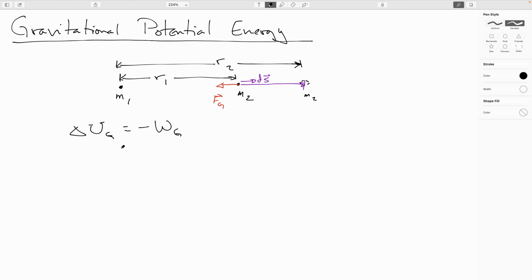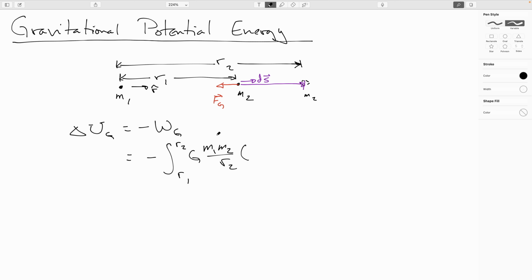So that work will be the integral from r1 to r2 of the force. Now here we've got to be really careful. So r hat points outward. So the force of gravity will point in the negative r hat direction. So this is G m1 m2 over r squared.